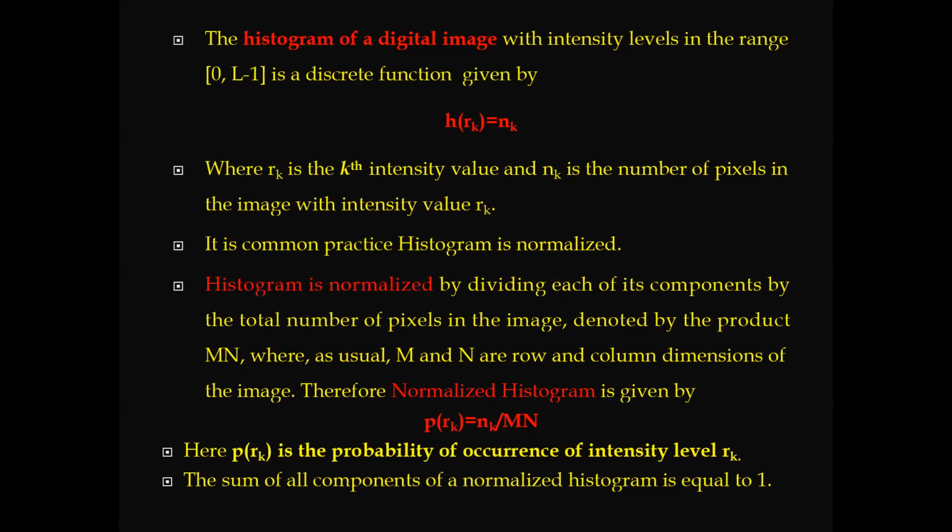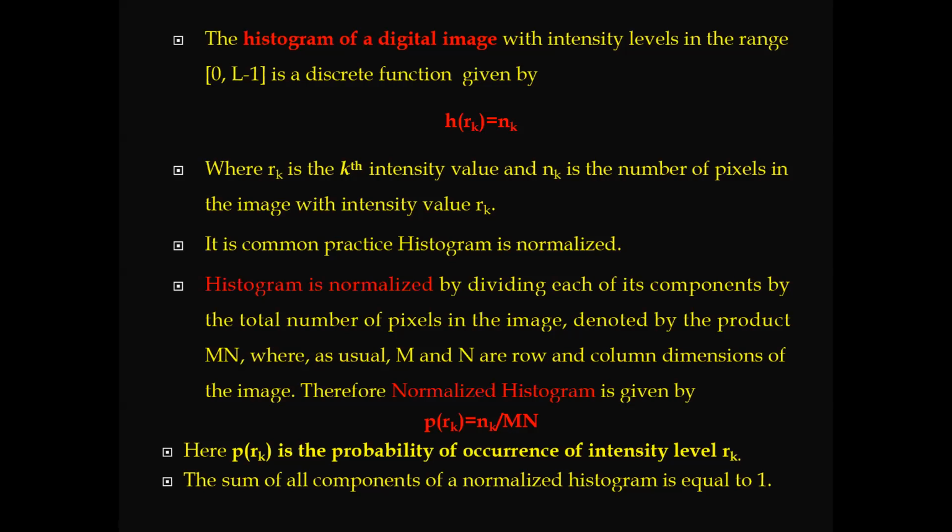So if we divide h of rk equal to nk by MN, it is known as the normalized histogram. The normalized histogram is represented by p of rk equal to nk by MN. Here p of rk indicates the probability of occurrence of the intensity level rk.